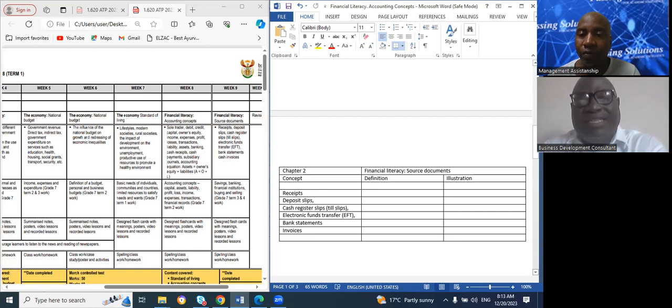We need to understand the cash register slips, the till slips, electronic funds transfer, and bank statements. This will be covered in our chapter 2 on source documents, defining them and also illustrating, having clear examples, day-to-day experiences for our learners to have a clear and concise understanding of what source documents are.